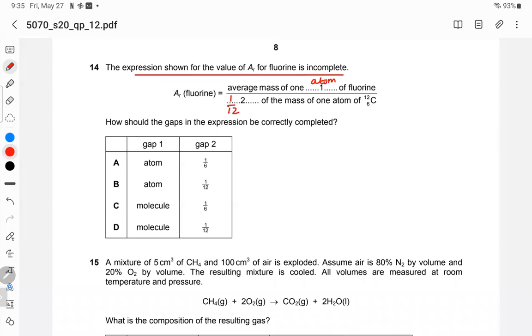So it's an atom, so these two can be correct and these two are wrong. And here it's 1.6, which makes A wrong. So A, C, and D are wrong, and we are left with the B option. So B is the correct answer.